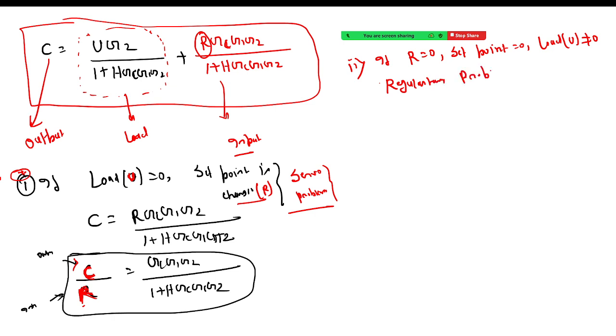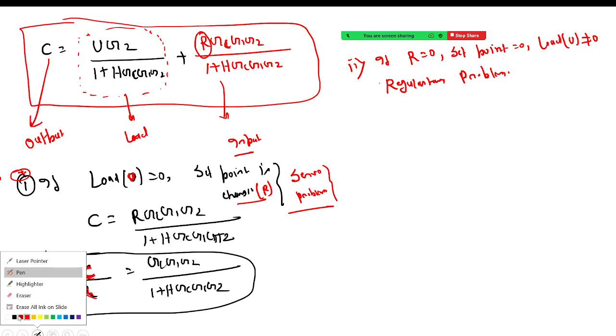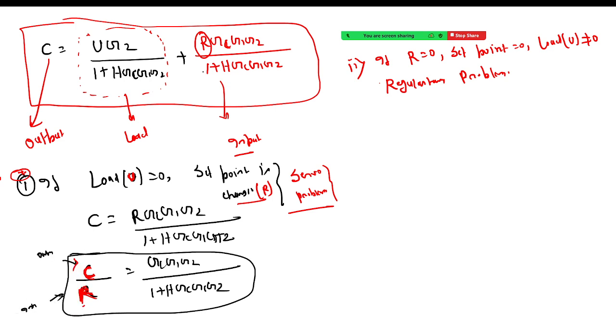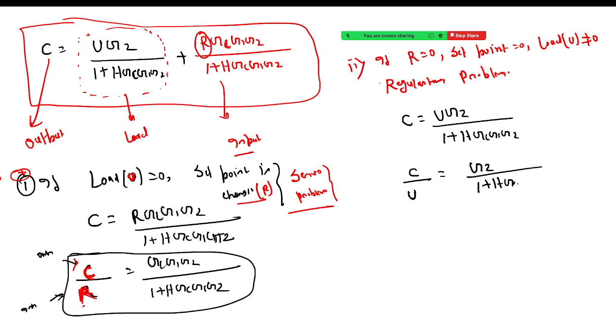When we talk about the regulatory problem, already I have discussed that your set point will be 0, so these particular things will be 0. So your C is equal to U G2 upon 1 plus H GC G1 G2. So your C divided by U is equal to G2 divided by 1 plus H GC G1 G2.